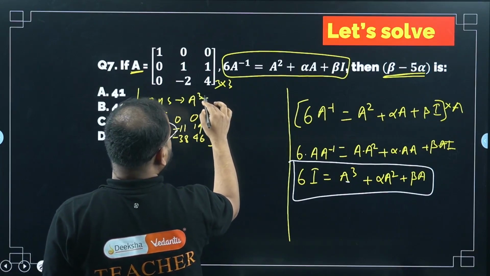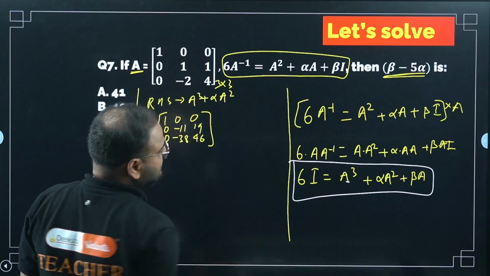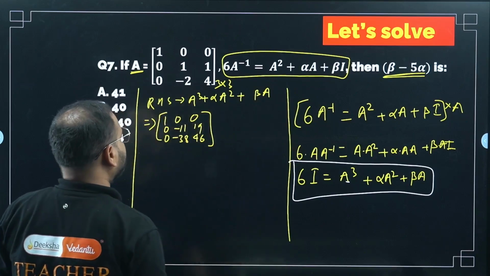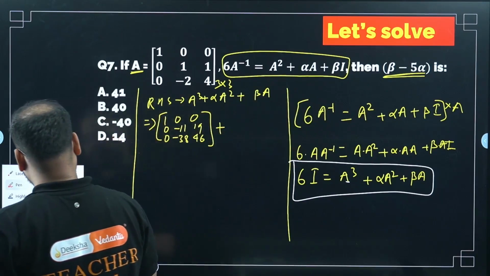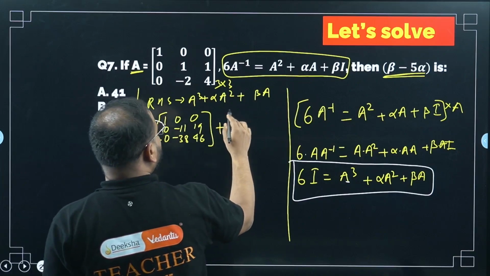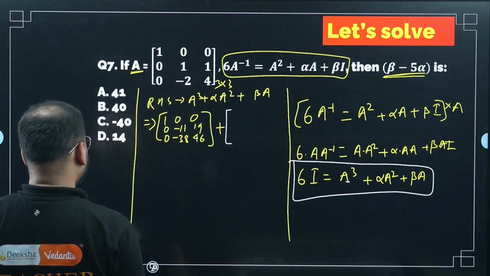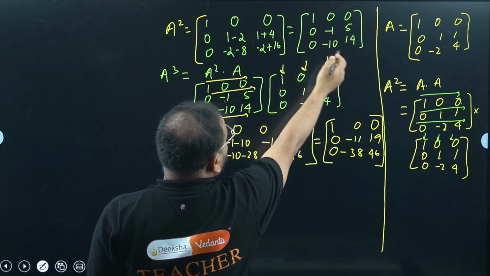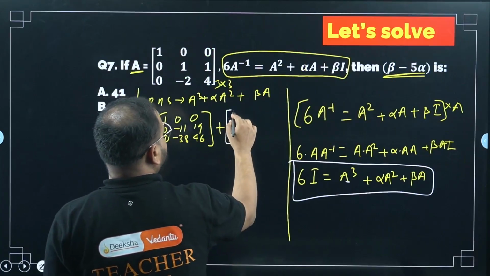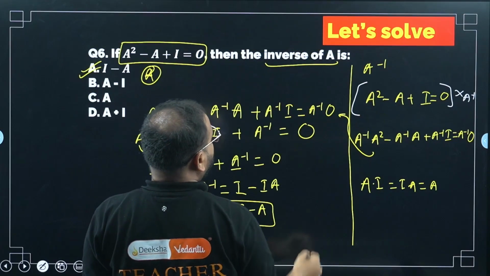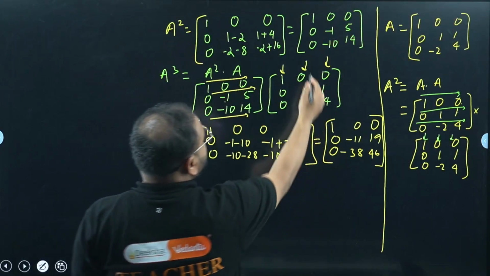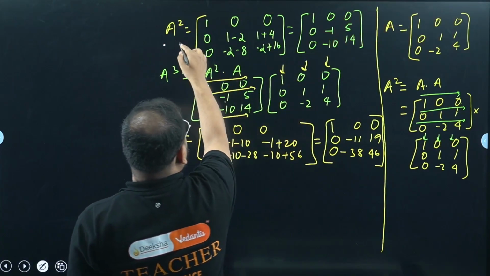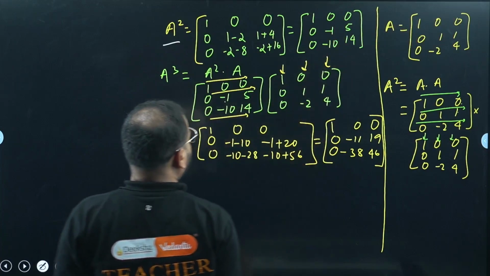Now what will come? Plus alpha A square and plus beta A. So I'll put a plus sign here. Now alpha A square means what? Means every place I will multiply with alpha in A square. What is my A square? A square is this: 1, 0, 0, 0, minus 1, 5, 0, minus 10, 14.